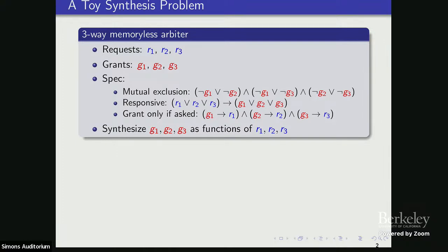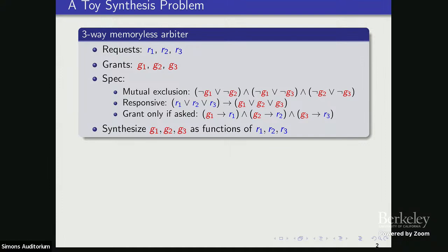So of course, one can look at these specifications for some time and come up with simple solutions. For example, one might say that if request 1 is there, I'm going to grant 1. And if request 1 is not there, but request 2 is there, I'm going to grant 2. And if neither request 1 nor request 2 are there, but request 3 is there, I'm going to grant 3, which would be prioritizing between the three users.